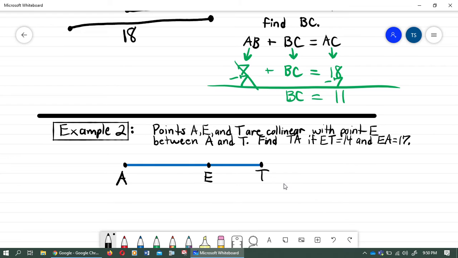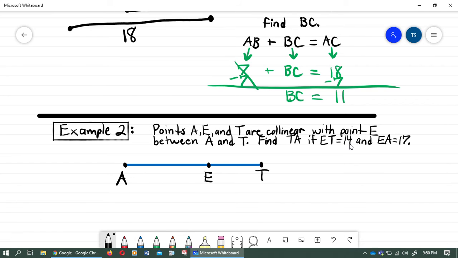Again, folks, you have to draw your own diagram and you have to place the points where they need to go. And then, folks, fill in the diagram based on the information that you do have, right? So they tell you that ET, or the length of segment ET, is 14. Well, what do we do with that?